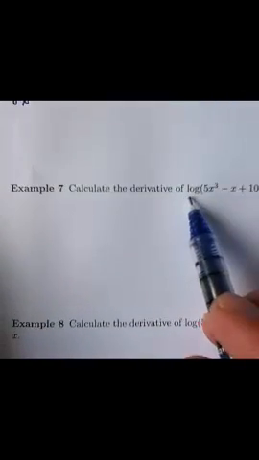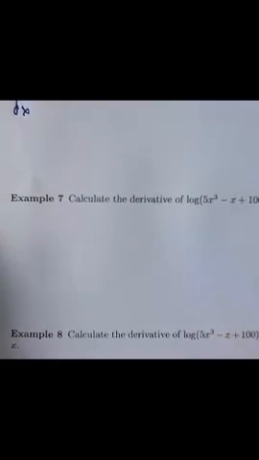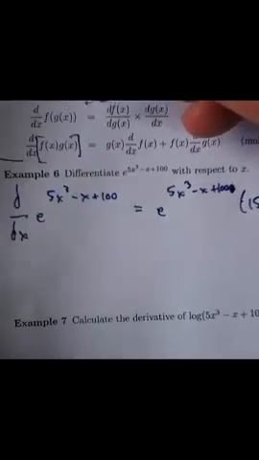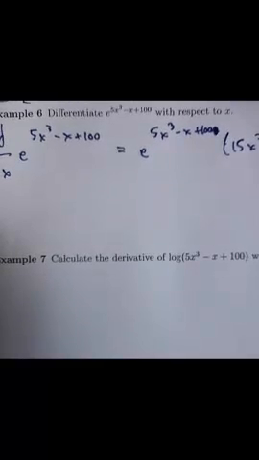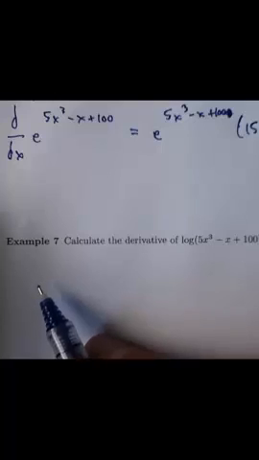How about this next example? Calculate the derivative of the natural log of this polynomial with respect to x. Again, it has this form log x, but there's not just an x sitting there. There's actually a function, which is the form of a polynomial again, sitting in there where the x is. So I'm going to again apply the chain rule.